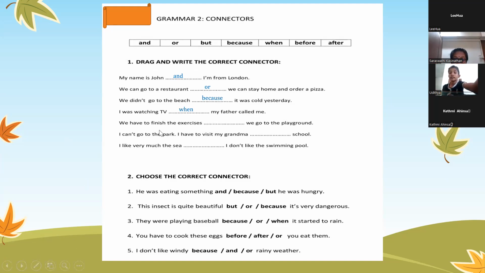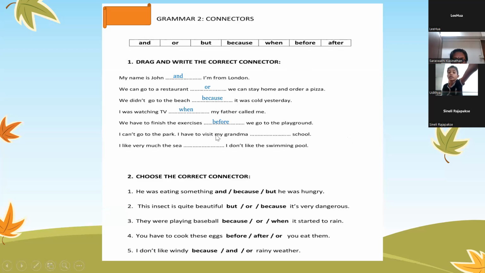Okay. Next. We have to finish the exercises before we go to the playground. Yes, very good. Before. Okay, next. I can't go to the park.